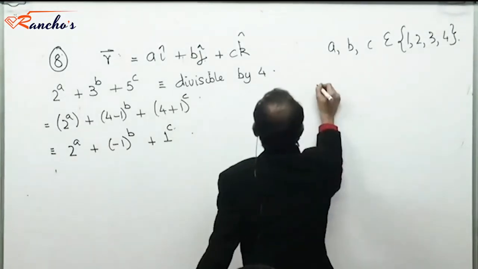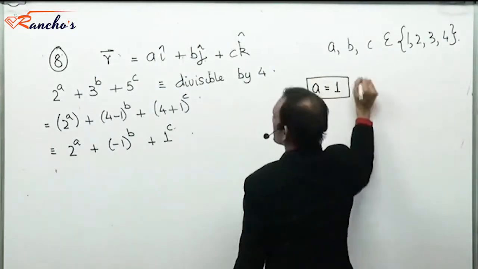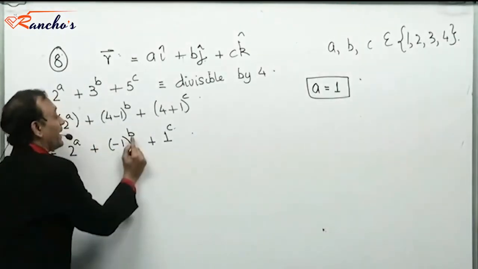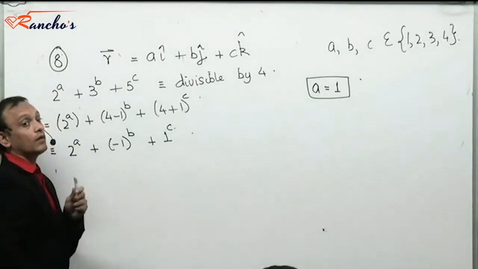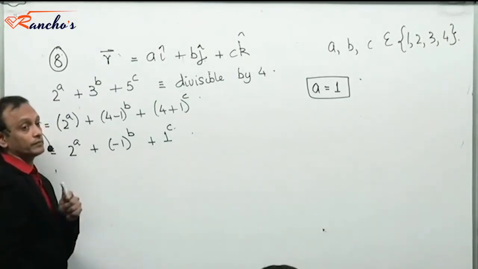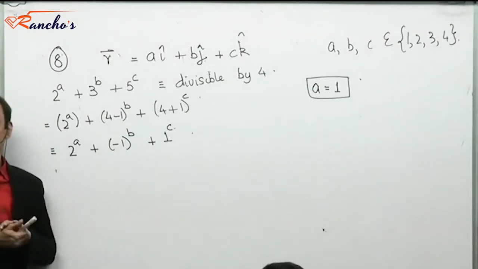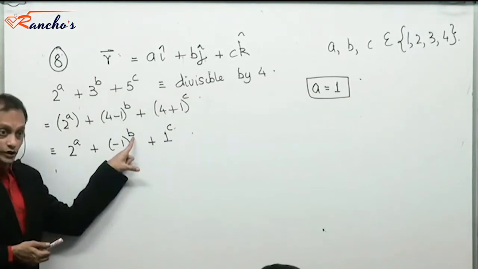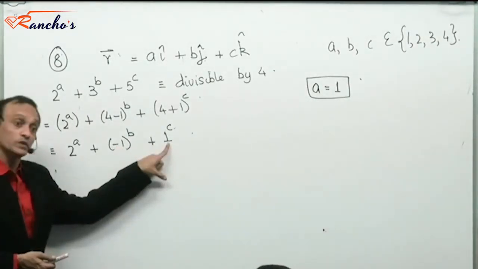See, for example, if a is 1 and b is odd, what would it lead to? Will it lead to divisibility by 4? No. If b is odd, then this will become minus 1 and this will become plus 1, which is 0.